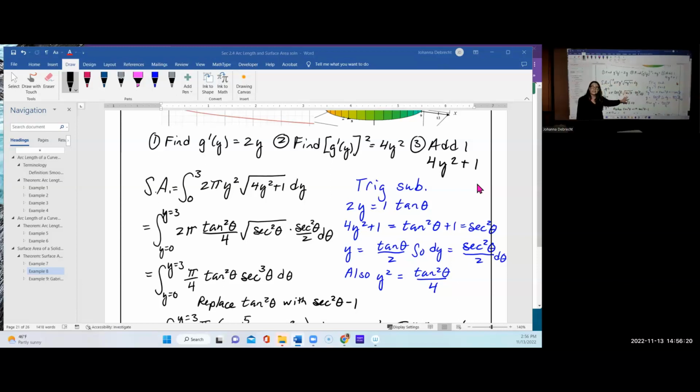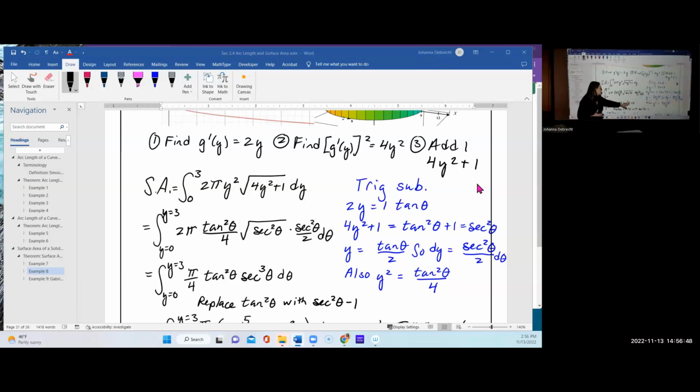Again, when you have secant of theta squared under the radical, because of the way that we defined this particular operation for trig substitution, we're in quadrant 4 or 1, so we know that secant is going to be strictly positive. And so we can drop the absolute values around secant of theta, and we end up with pi over 4 tangent squared of theta secant cubed of theta d theta, which is a trig integral.